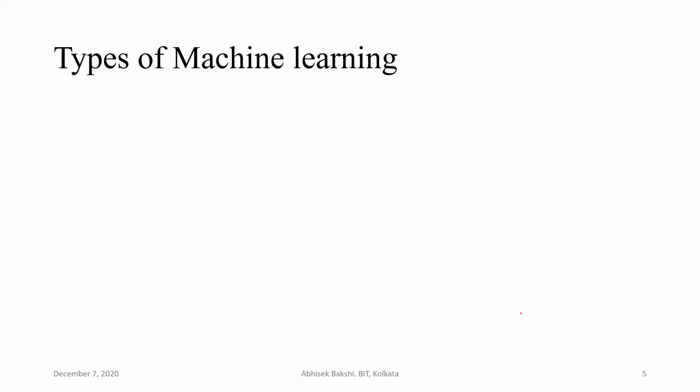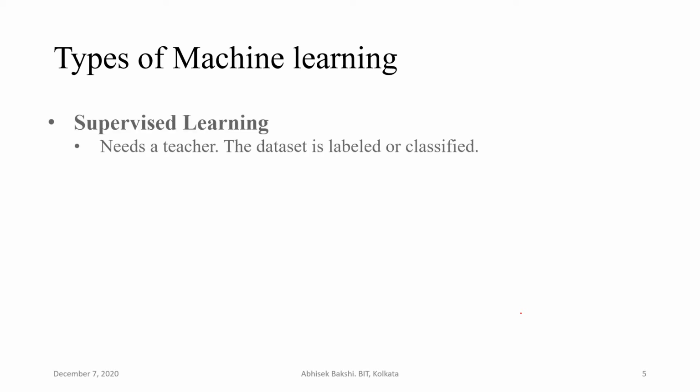Now we will go for different types of machine learning problems. The first one that we have is supervised learning. What is supervised learning? We will try to understand this from a real situation.